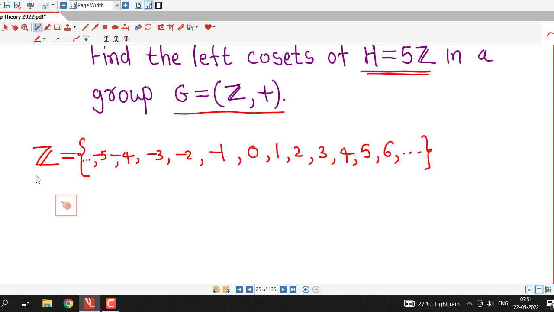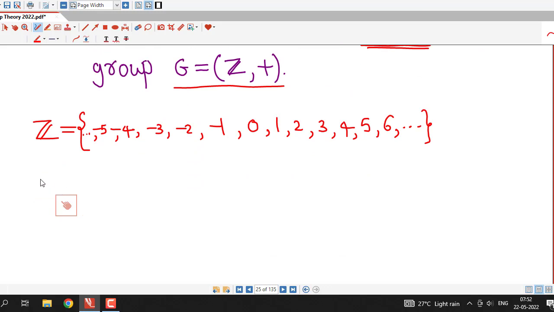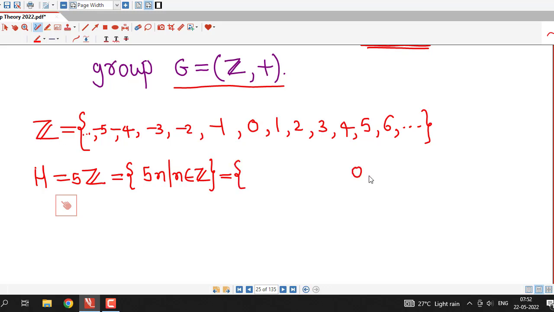And for each element of this group we have to decide left cosets. We also write our subgroup H, the set of integer multiples of 5, that is 5 times n, where n belongs to Z. Or in set notation we can write, suppose we multiply by 0, we have 0.